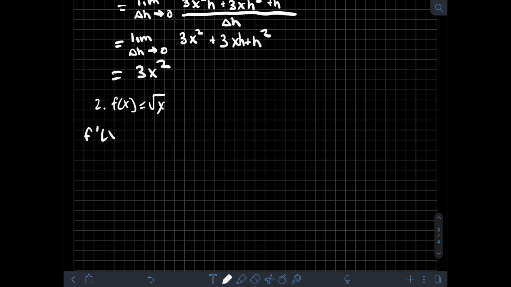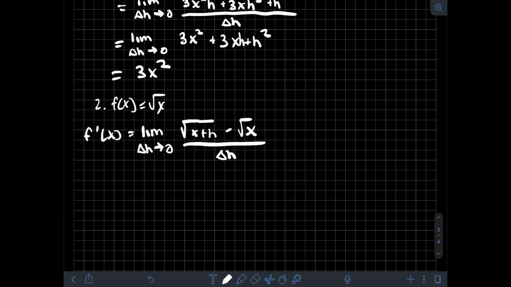We're going to say f prime at x is equal to the limit as h approaches 0 of square root x plus h minus square root x all over h. Here we know we have the same thing. If we plug in h as 0 right away, we're going to get a 0 over 0. So I'm not going to do that, and we're going to go ahead with solving.